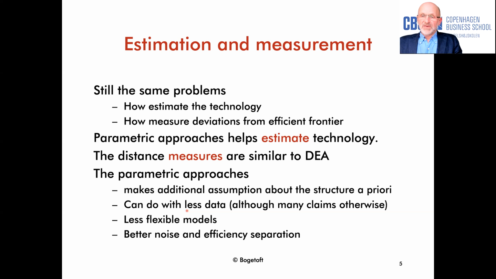The fact that it's a parametric model means that it's less flexible than the DEA model, but the gain from that and some extra assumptions we make about the distribution of the noise term and the inefficiency term is that we are better able to distinguish between noise and efficiency. So we're better at noise and efficiency separation. That's the biggest advantage of the SFA model, which makes it more interesting to use if you have data with a lot of noise.